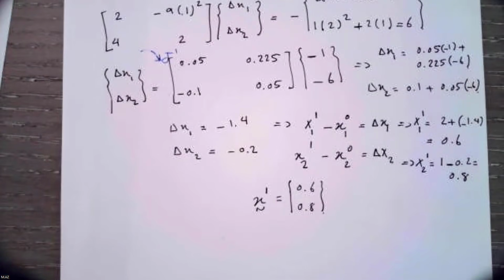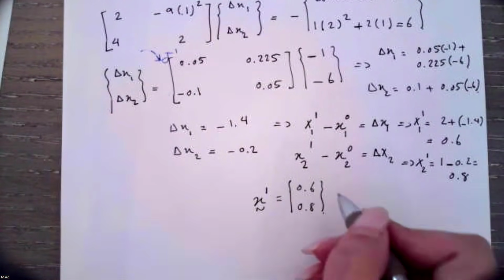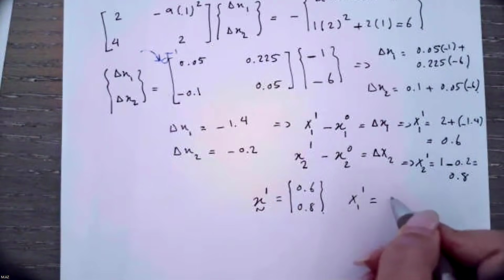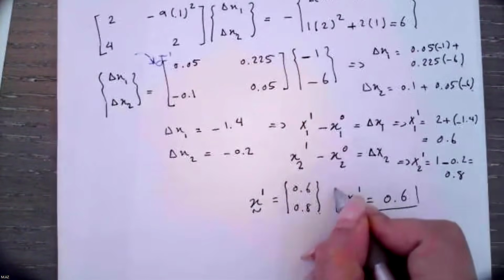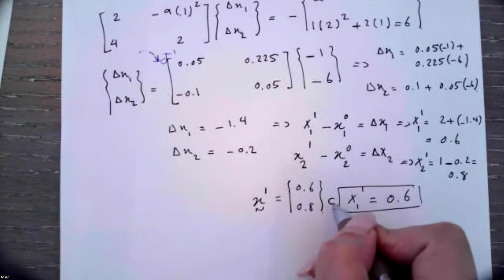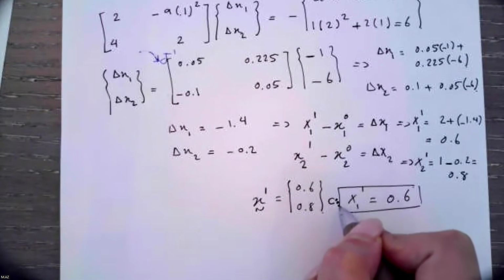This is the answer of part A, it means for part A, the value of x1 for the first iteration is 0.6. Sorry, this is the answer of part C.